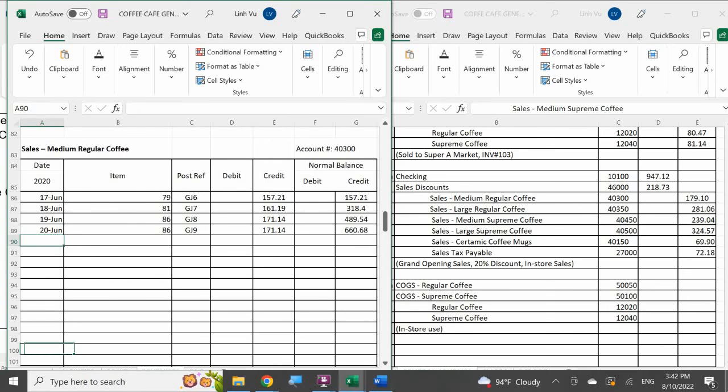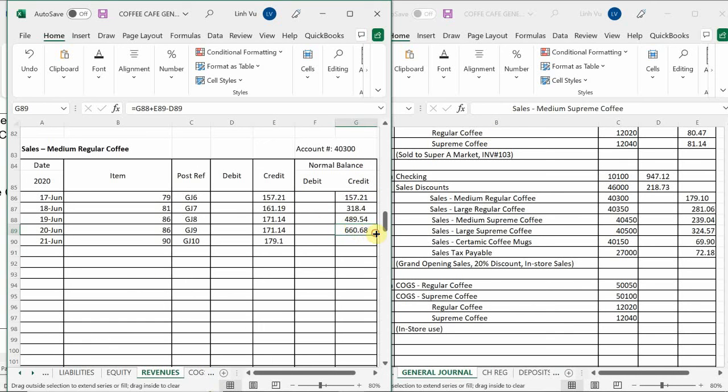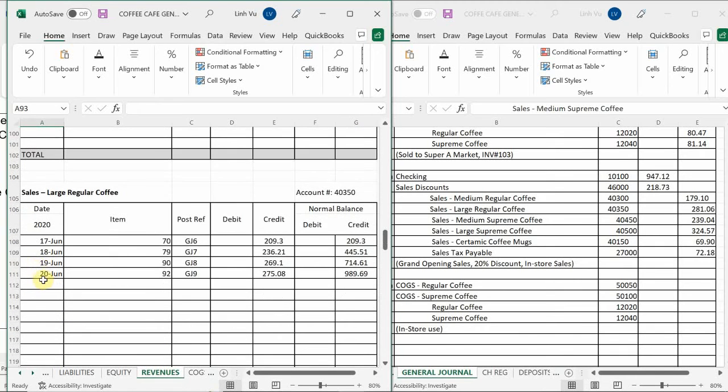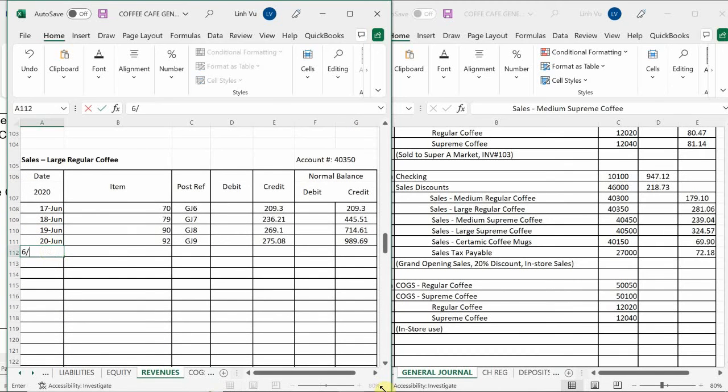Good, excellent. All right, so here you go, medium regular coffee cups. It's 90 cups. Page 10. That's fine. And 179.10. And I have total credit 839.78. Good.